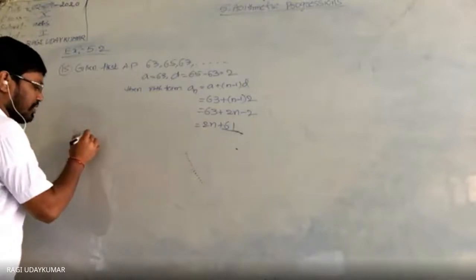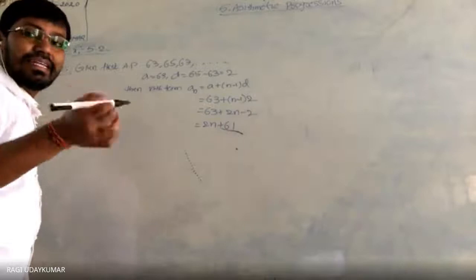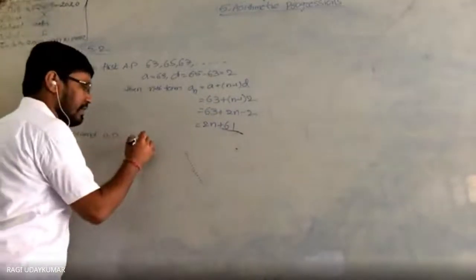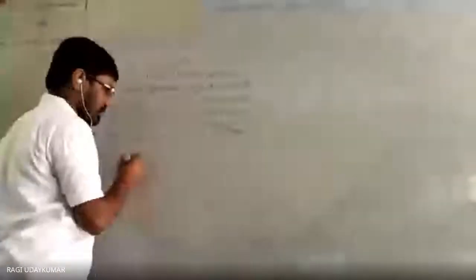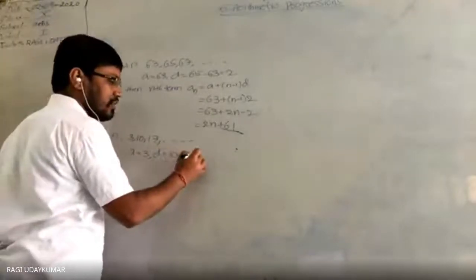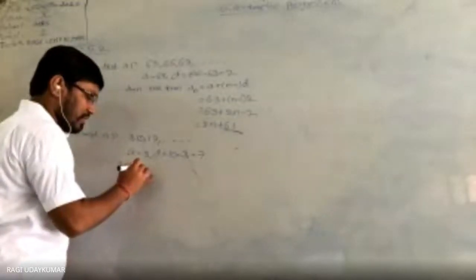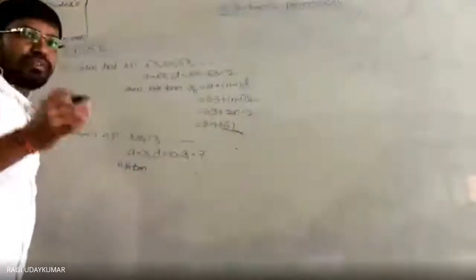Now the second arithmetic progression is 3, 10, 17, and so on. Here a is 3, d is 10 minus 3, which equals 7. We find the nth term, because the question says both nth terms are equal.